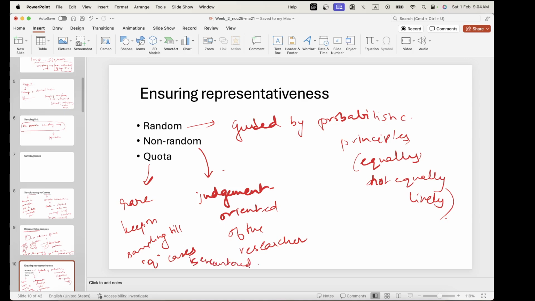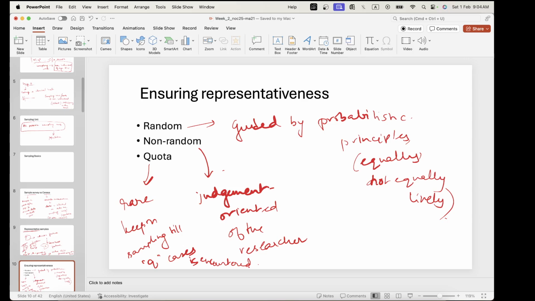If I am interested in a very rare disease which is not usually found in India, then it's expected that if I take 10 samples, maybe I'll get one individual who has that disease.